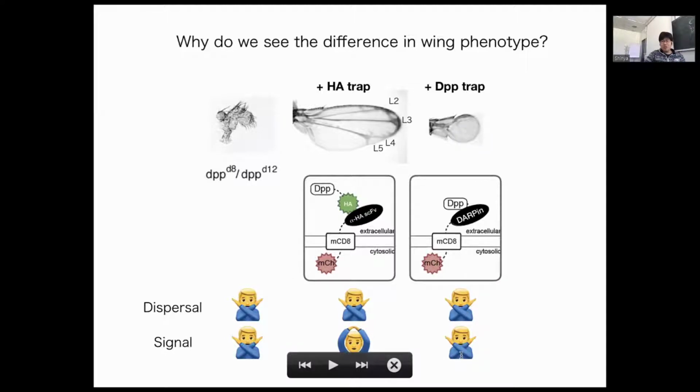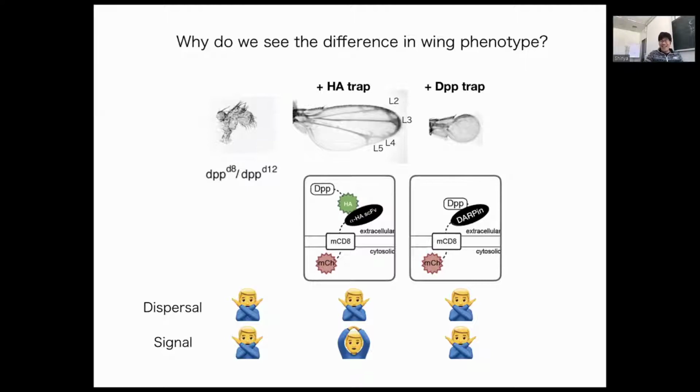So you may think that this is easy to interpret, but when I started this project, I didn't have both HA trap and DARPin. I needed to generate this, and then suddenly started to see the different phenotypes. I thought, okay, both should show similar phenotype, but they show very different phenotypes. And then you are in trouble.